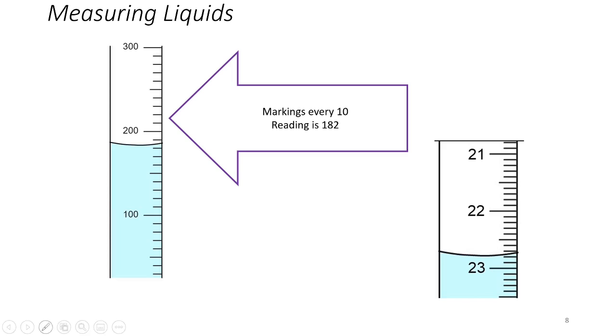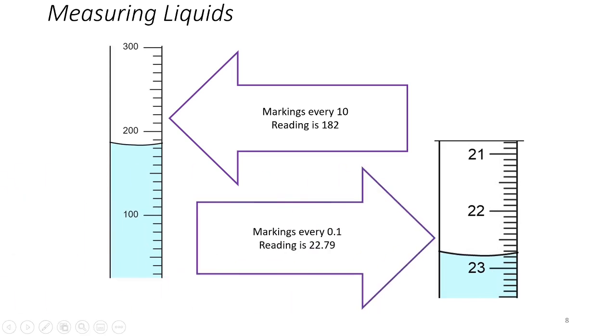In the measuring device on the right, there are major markings every 1 milliliter and minor markings every 10th of a milliliter. We can see that the bottom of the meniscus is between the 22 and the 23. Should note that the scale is upside down. Some instruments are used this way, and some of those that we will use in the lab are used this way.